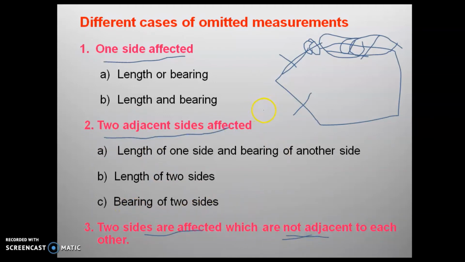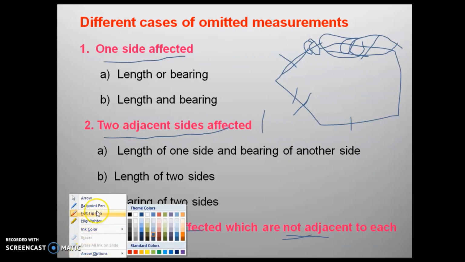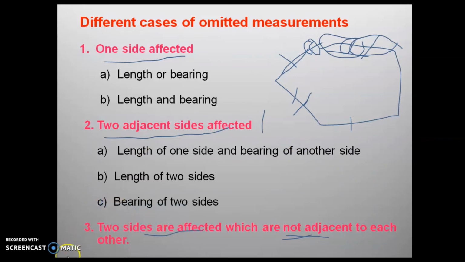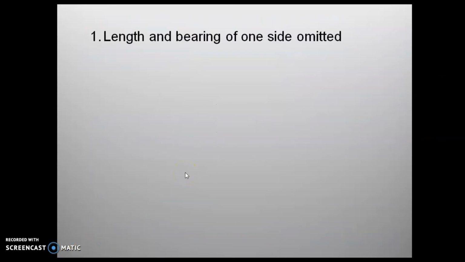Adjacent means side by side, like AB, BC, which you have forgotten. And here AB you have forgotten and CD you have forgotten. It will differ like that. So these are some of the cases you may arrive at in the field or at the time of calculation.